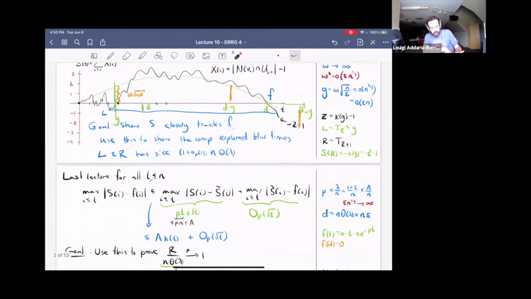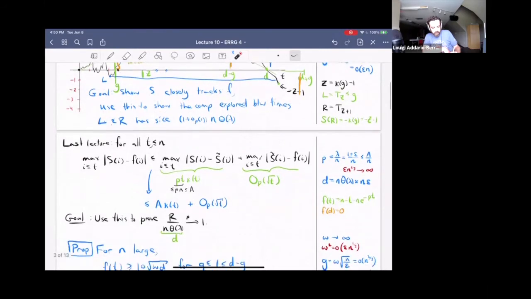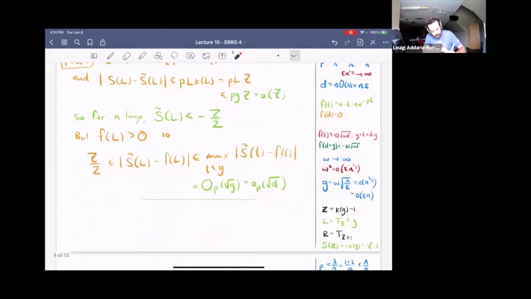But on the other hand, between times L and R, kappa doesn't change, right? We're in the midst of exploring a single component. So in principle, we can extend our good control over this error a lot further into the future, as long as we know that the process hasn't started hitting new local minima. Okay, so I want to use that now. So we're going to use the bound.